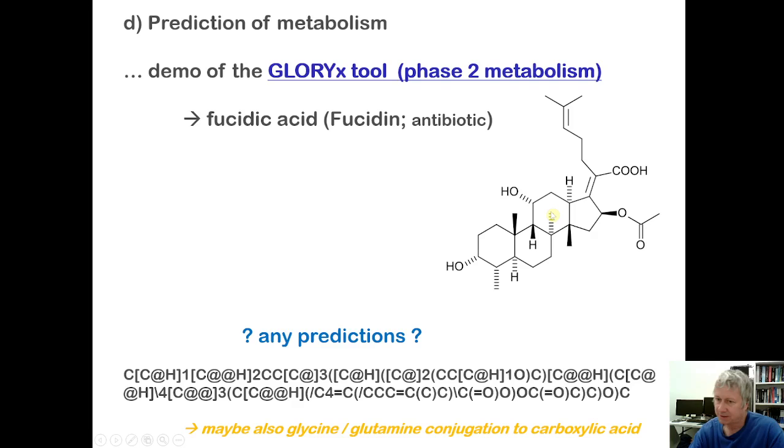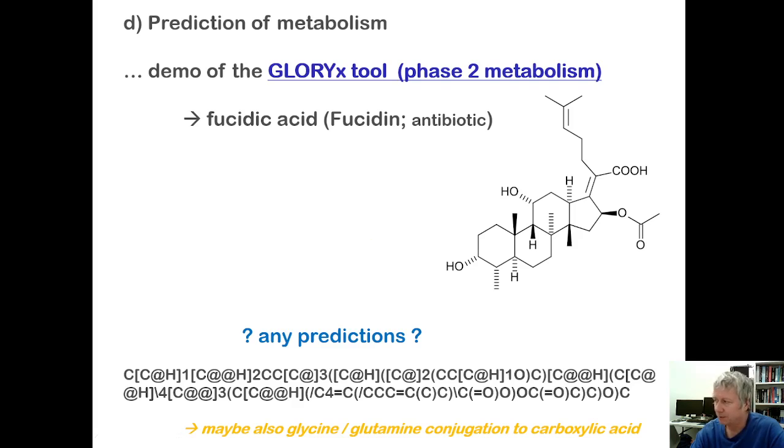I think it's a useful tool, especially if you have a molecule where you're not too sure where the metabolism might be. It's also a useful tool for maybe some scientists that don't know organic chemistry as well to make a prediction on metabolite structure.